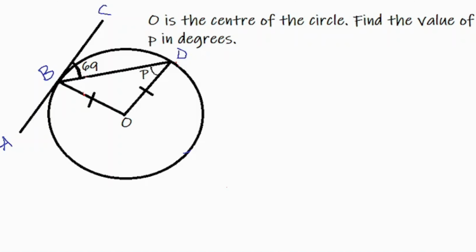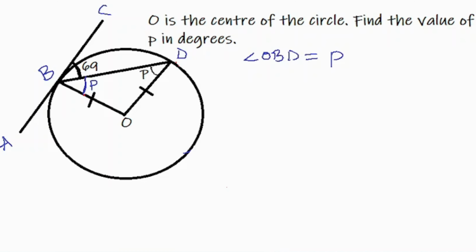Both of them are radii, and since OBD is an isosceles triangle, angle OBD is also P. So this angle is also P. That's because base angles of an isosceles triangle are equal. So angle OBD is equal to P, and the reason is because base angles of isosceles triangles are equal.